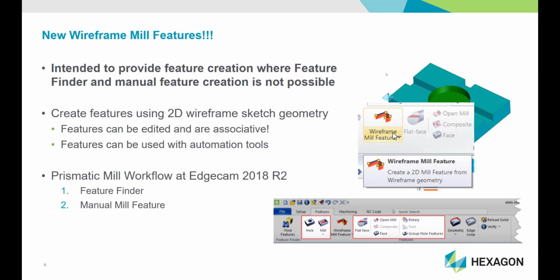If there's additional features that you feel you need, the manual mill feature commands are very helpful at adding in those additional items. If you still don't have quite all you need, then the wireframe mill feature may now provide some ways to quickly get those as well.